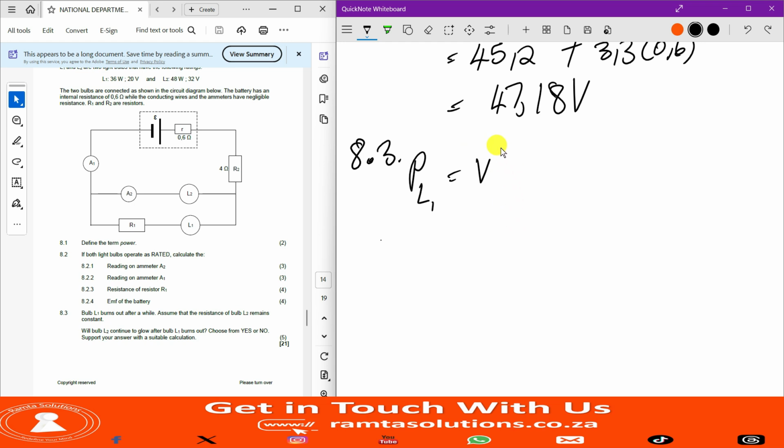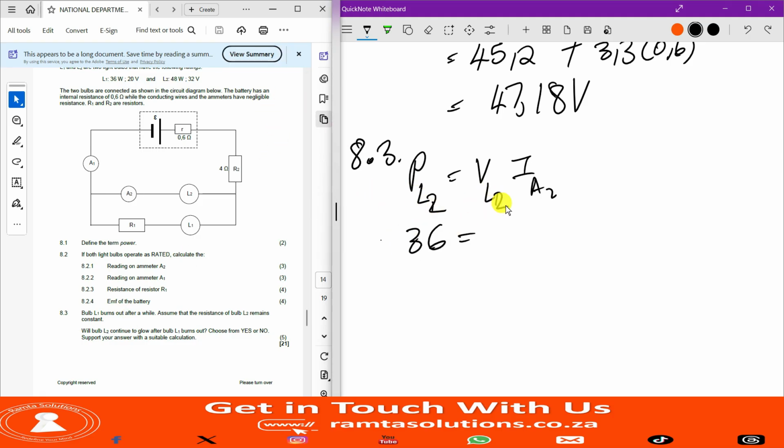All right, let's use VI, with the voltage and the current. L1 was rated 36 watts, and then voltage is... are we looking at L1? No, L2. Sorry, L2.